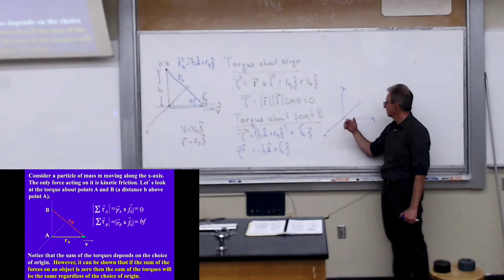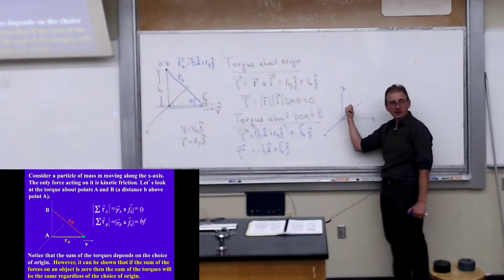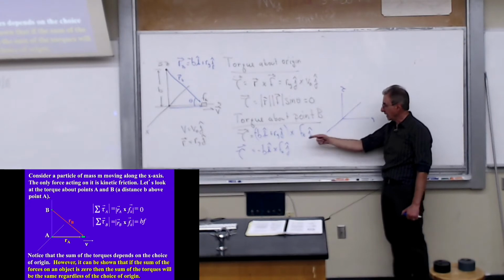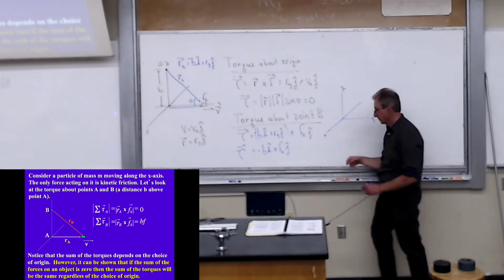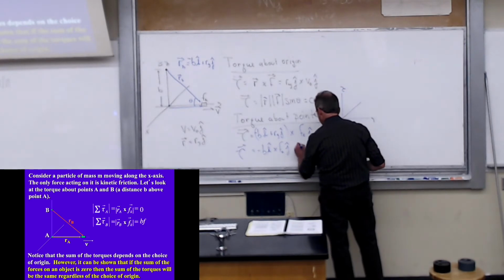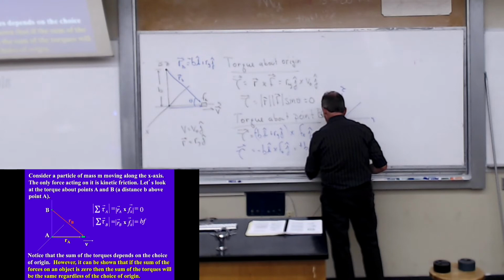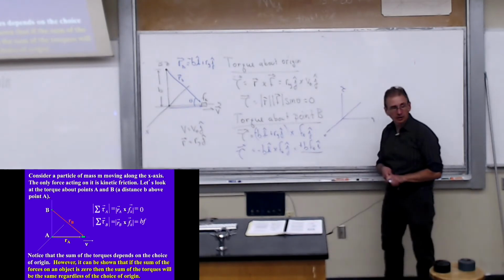Oops. Did that wrong. Points into the board. Right? Point my fingers this way, curl them this way, points into the board. In the negative i direction, right? But there's a minus sign in front. That's the torque.